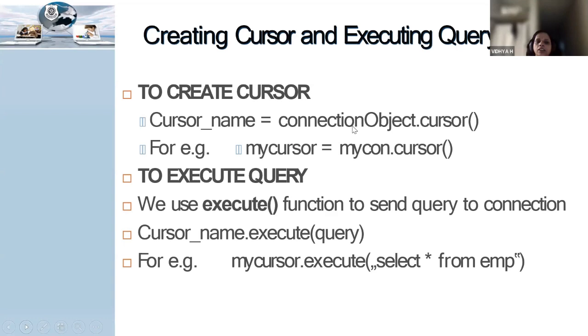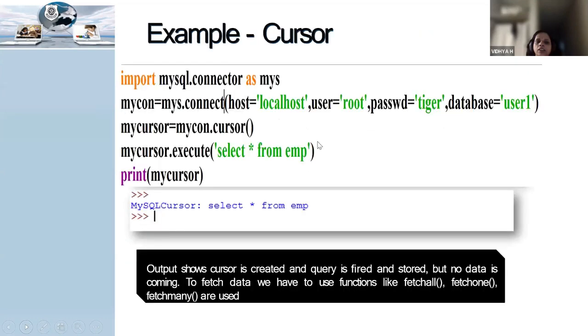One should be very thorough in SQL statements, only then can we use it here. After this, I just print my cursor. As I said, my cursor is just a bus to transport the data. So what happened? I will get the output only like this.